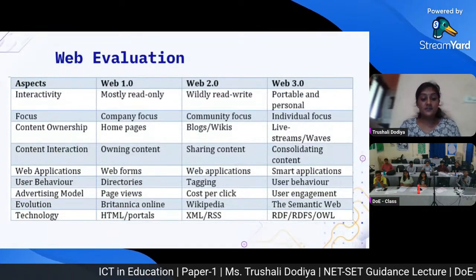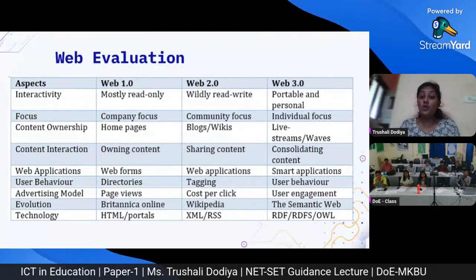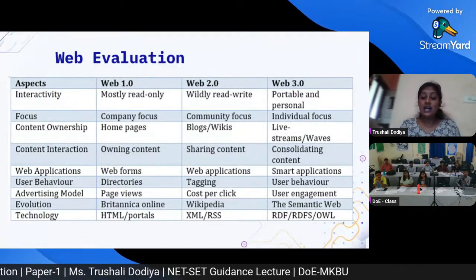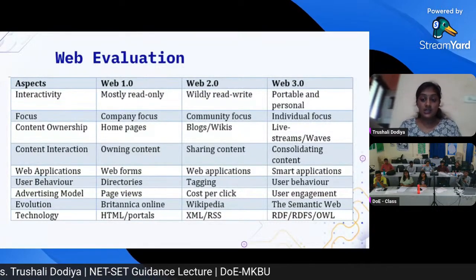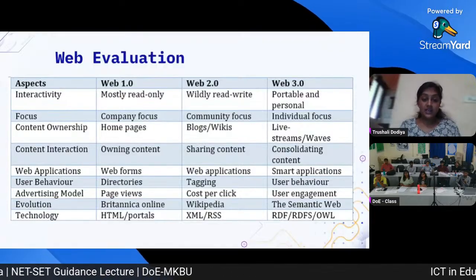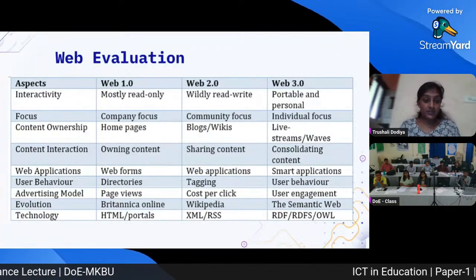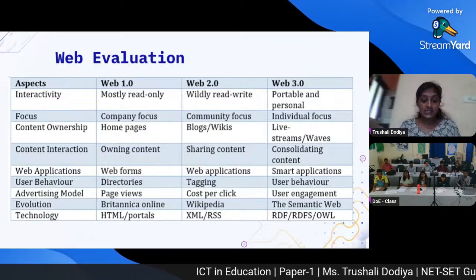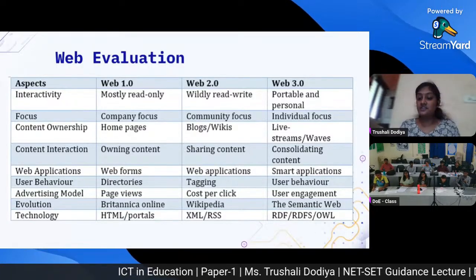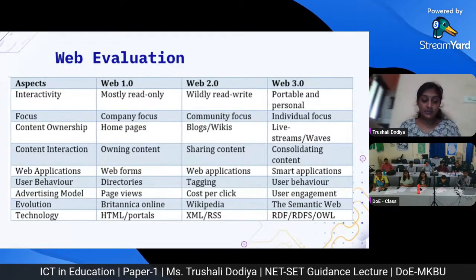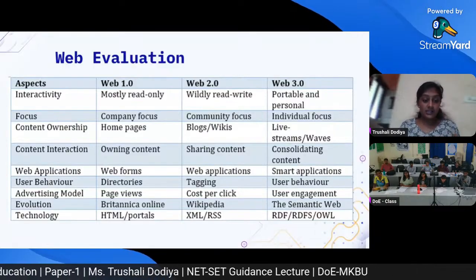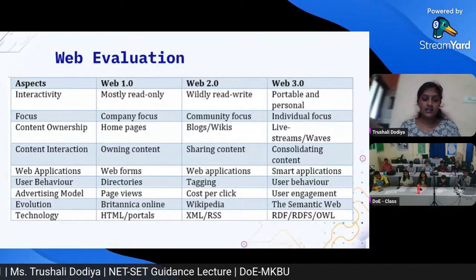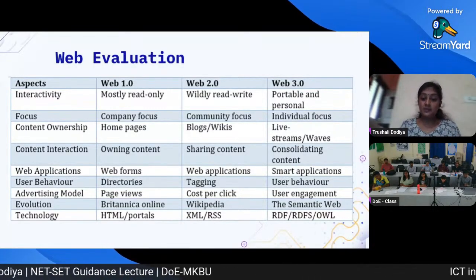Advertising model, it is moving from page views to cost per click, and now it is user engagement, moving towards that. In Web 1.0, there is Britannica Online, then there's Wikipedia, and now there are a lot of semantic webs that are available. Earlier, technologically, it was connected through HTML and portals.